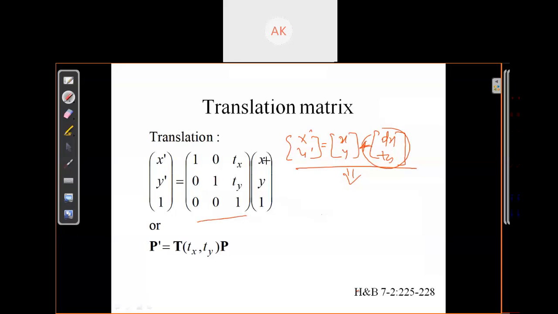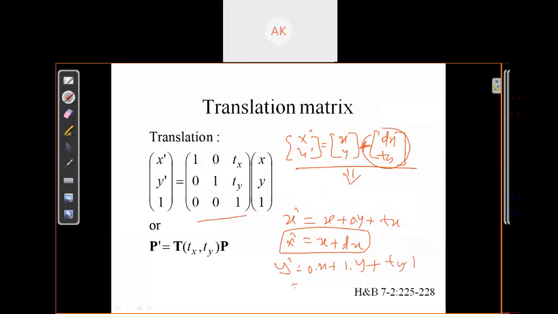Here x dash equals 1 into x plus 0 into y plus tx into 1. Ultimately what you are getting is x plus tx. And for y, y dash equals 0 into x plus 1 into y plus ty into 1, so you get y plus ty.